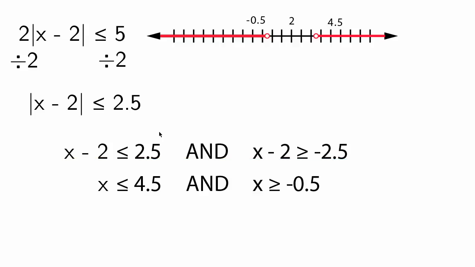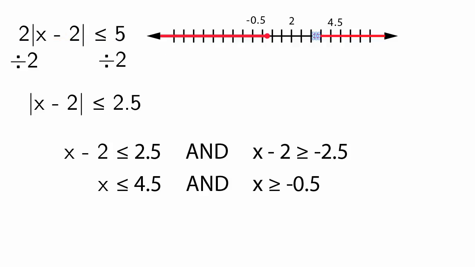Now, because this inequality is a less than or equal to and a greater than or equal to, this means that the endpoints are indeed solutions. So we can fill these dots in. They don't have to be hollow.